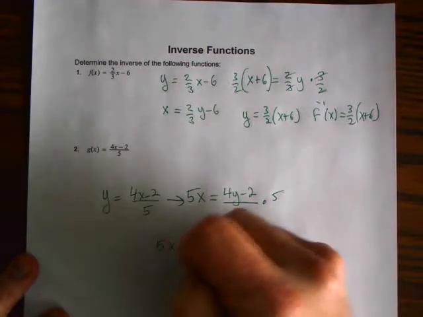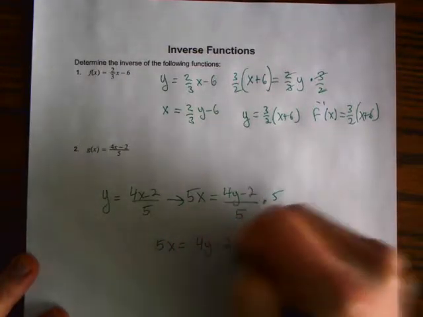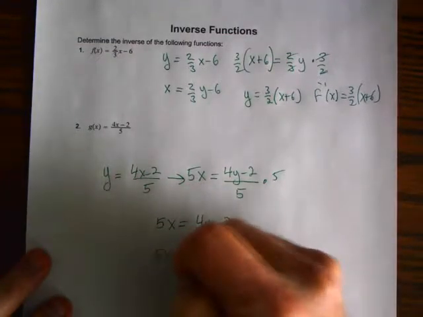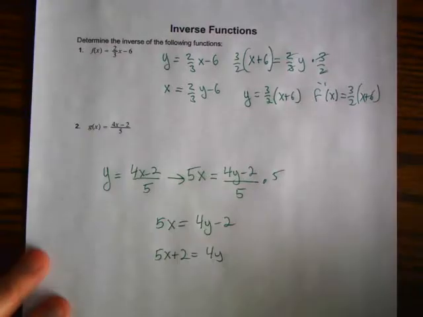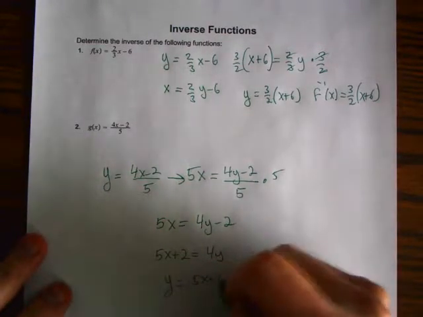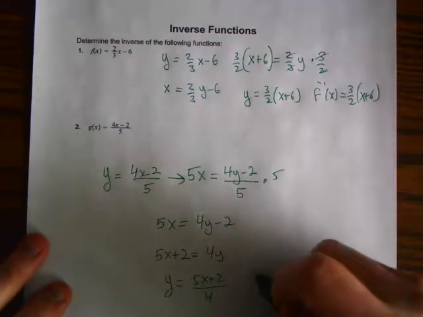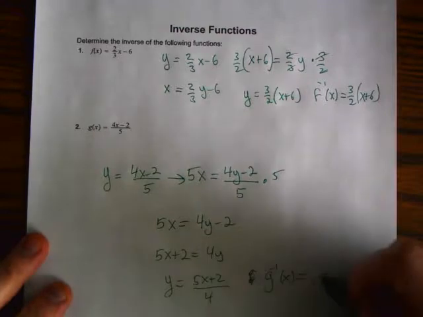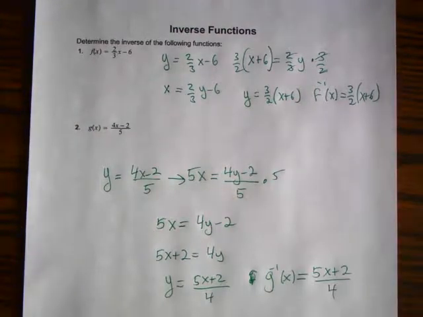So 5x is 4y minus 2. Add 2 to both sides: 5x plus 2 is 4y. And finally, divide by 4. So y is 5x plus 2 over 4. The answer to the question is g inverse is 5x plus 2 over 4.